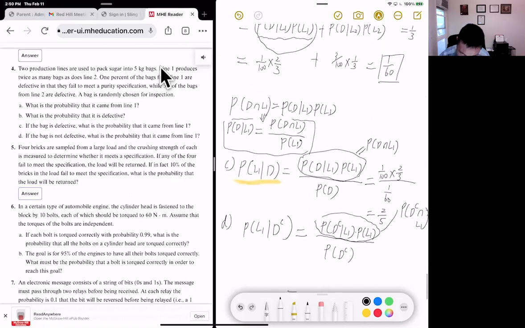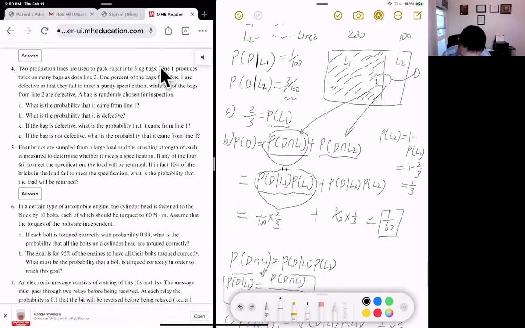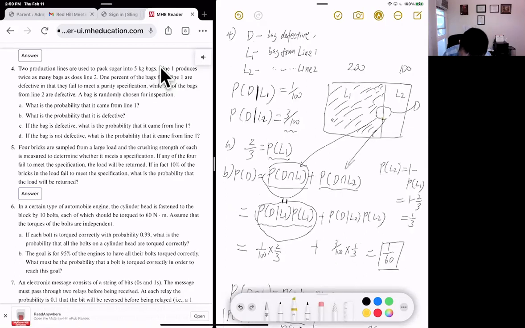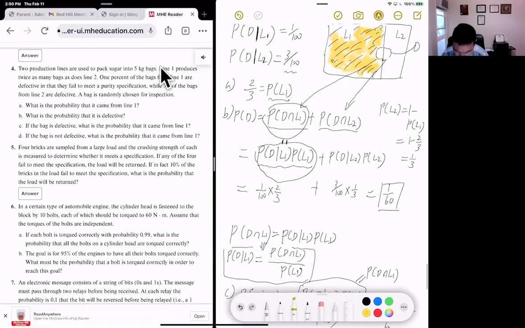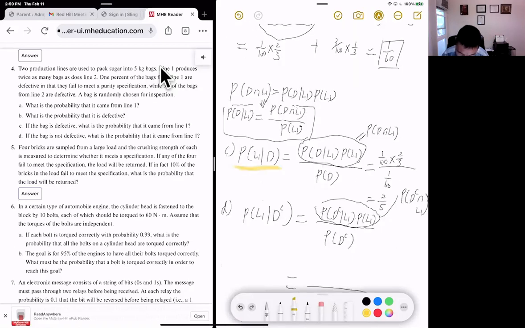So again, this is this area, the yellow area, outside the circle of D and belonging to L1, or the intersection between L1 and D^C. That's the top part.